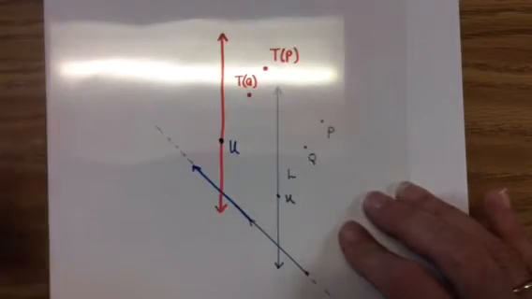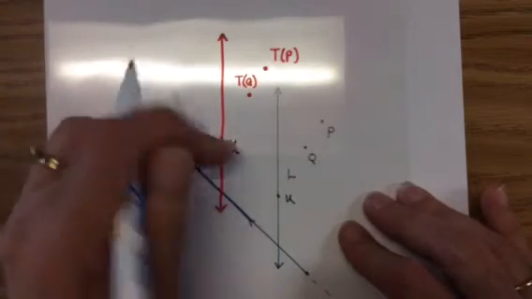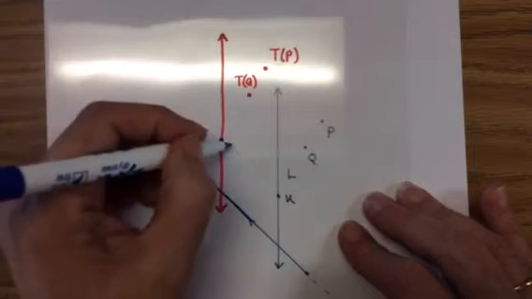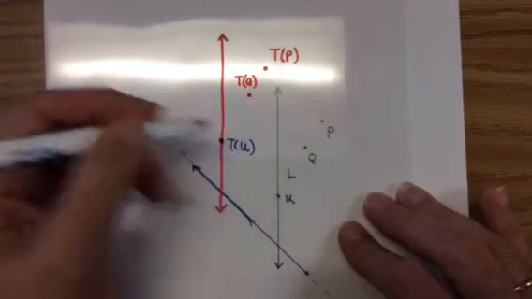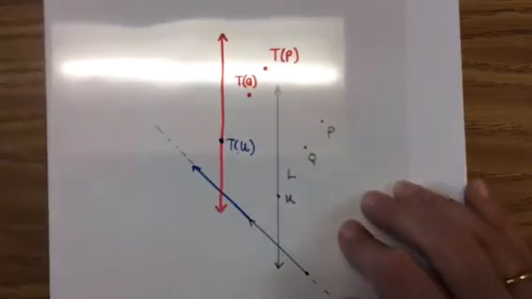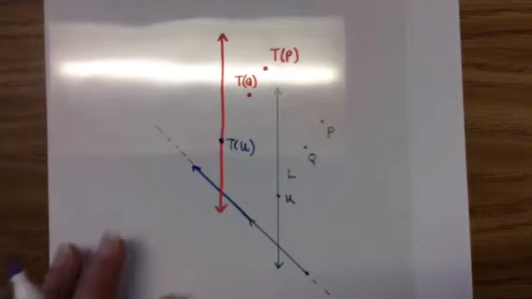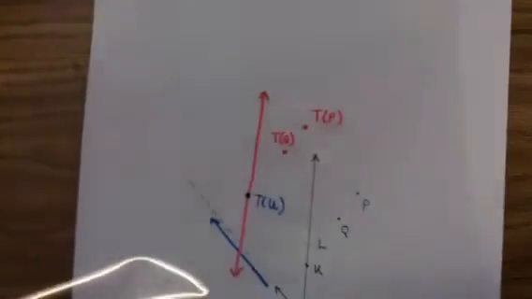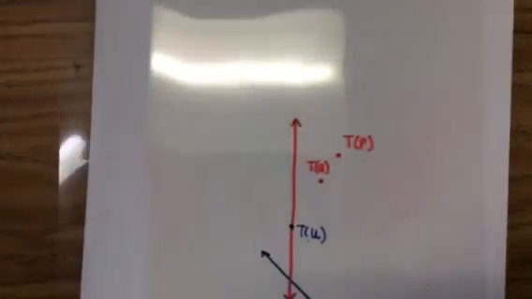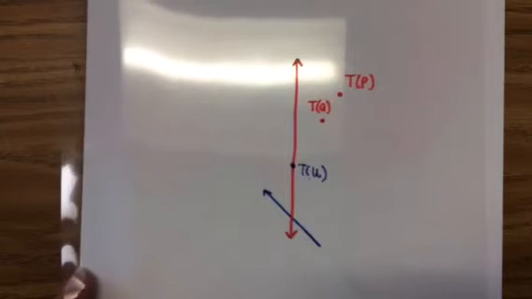All right, so this is the image of U. So this is T of U. So we have T of U, T of Q, and T of P. If we looked at the translated, so this is just my translation, you wouldn't be able to tell the difference between the two.